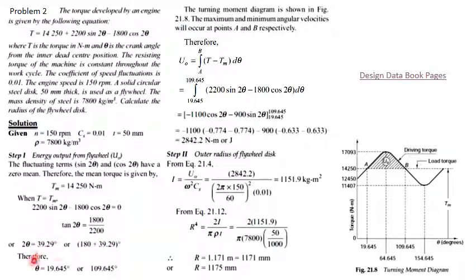And if we find the value of theta, then theta comes to 19.645 degrees, and the second value of theta goes to 109.645. The third value can again be computed by adding 180 degrees. Here we will get the third position where the value of T will become Tm.